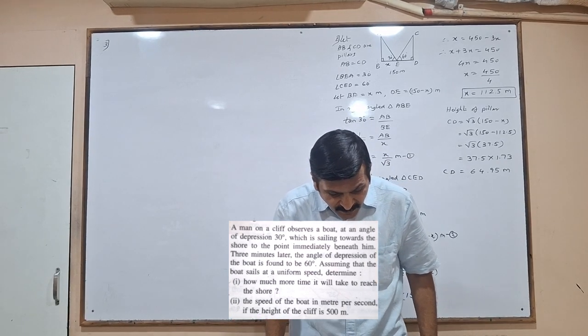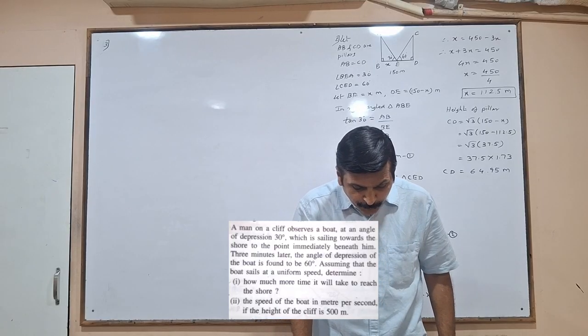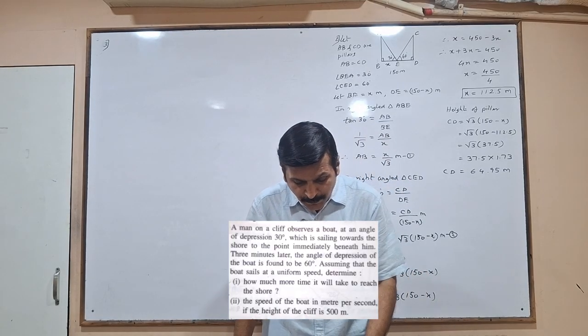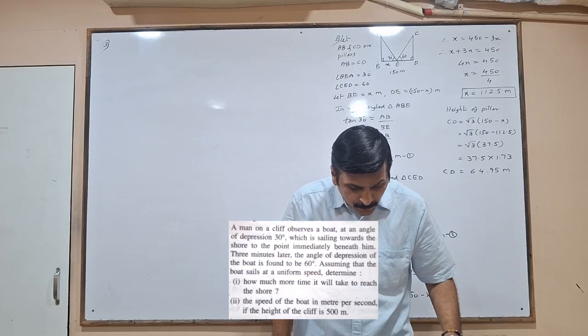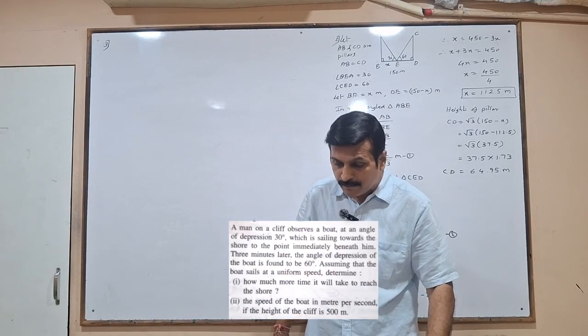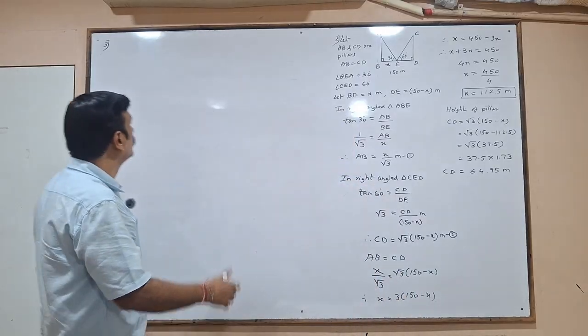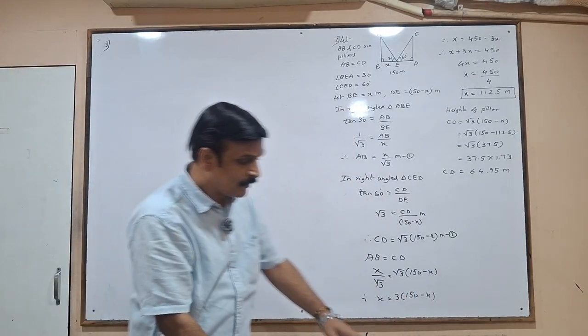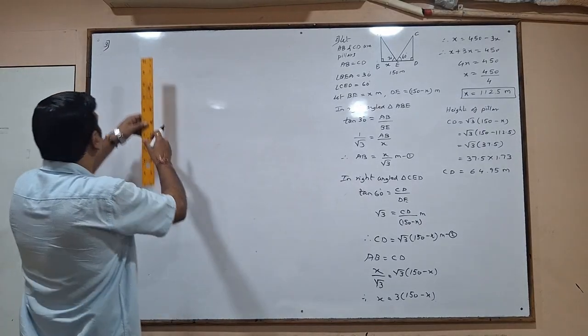Assuming that the boat sails at a uniform speed, you have to find how much more time and also the speed of the boat. Firstly, the man on a cliff observes a boat at an angle of depression of 30 degree.